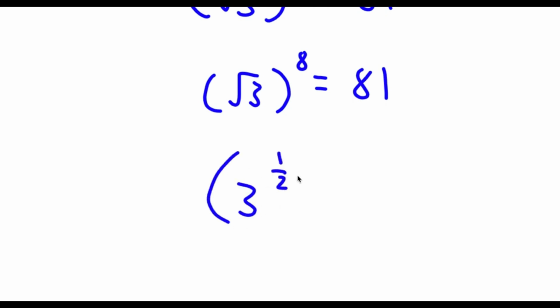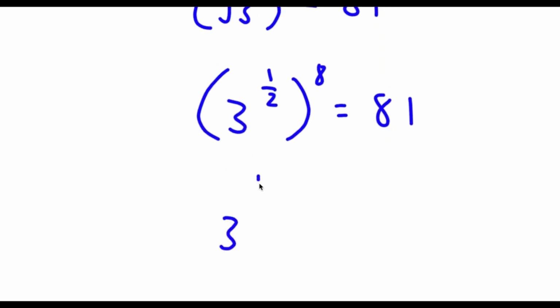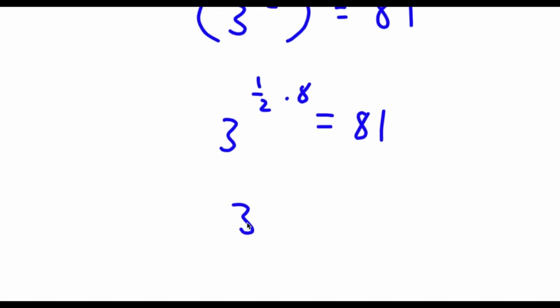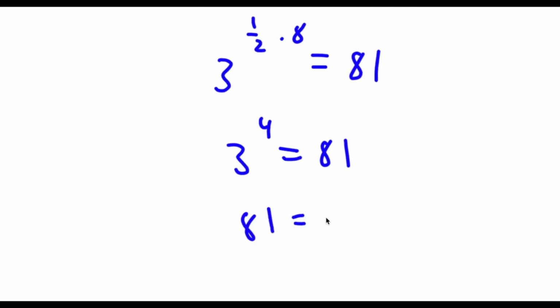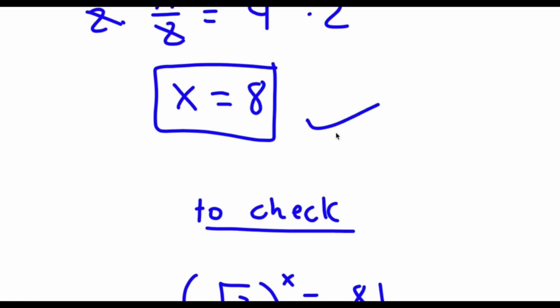So now I have 3 to the power of 1/2 to the power of 8 is equal to 81. Now this is the same thing as 3 to the power of 1/2 times 8 is equal to 81. 8 times 1/2 is 4, so I have 3 to the power of 4 is equal to 81, and 3 to the power of 4 is 81. So I have 81 is equal to 81, and this is right, so my solution is right.